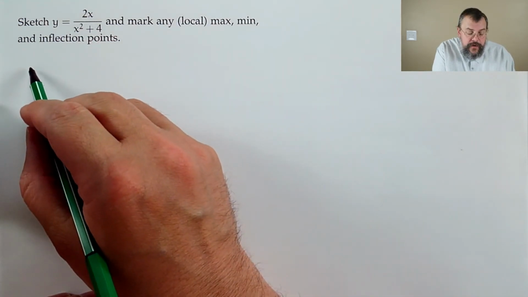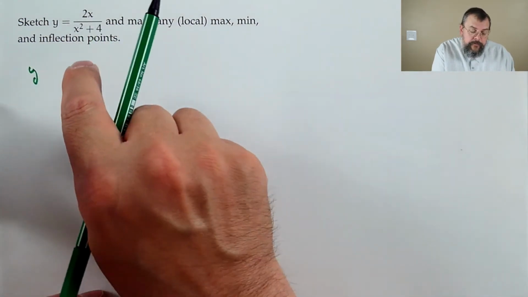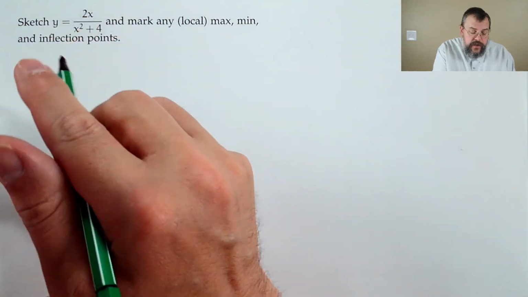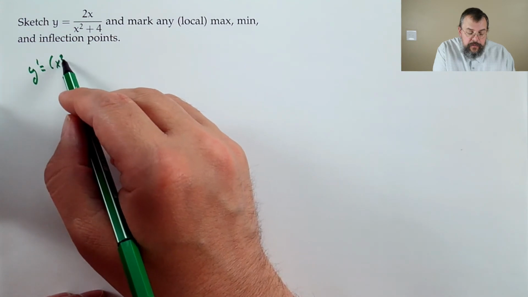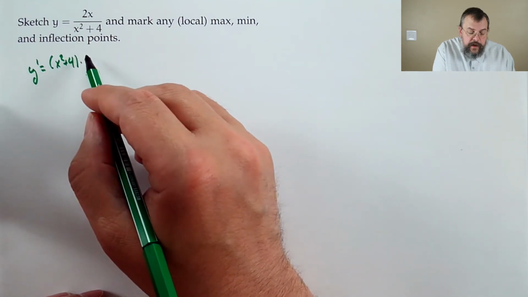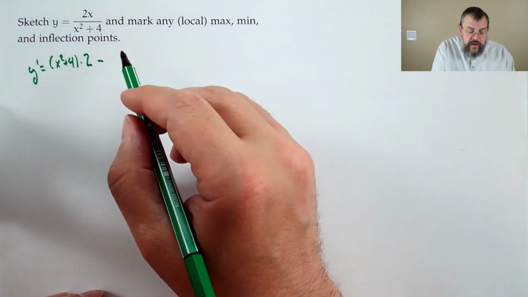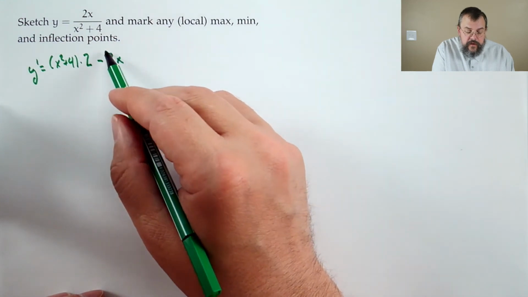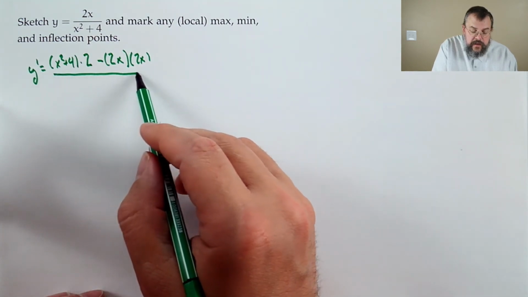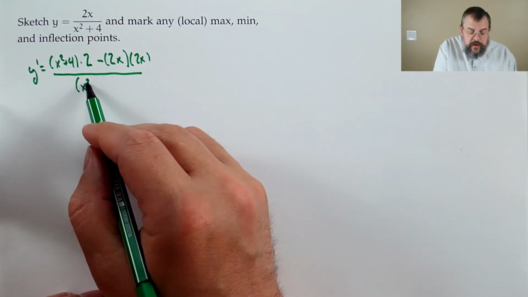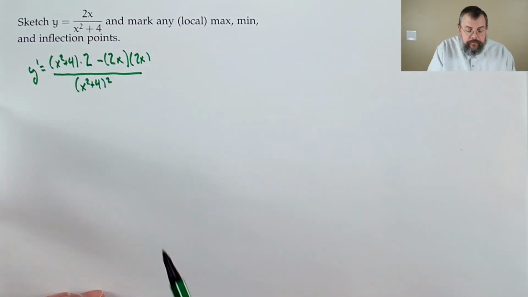So we'll start with our first derivative. Well, here I see a rational function, so probably we'll use the quotient rule. So the bottom, x squared plus 4, times the derivative of the top, 2, minus the top, 2x, times the derivative of the bottom, 2x. All of that, divided by the bottom squared. Good.